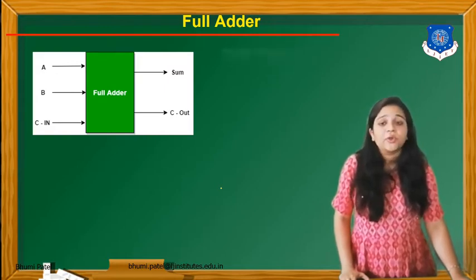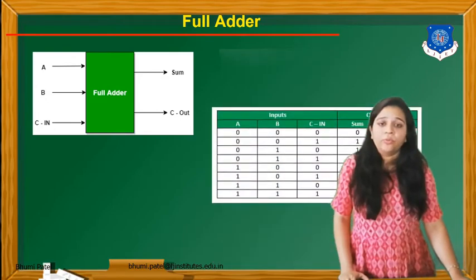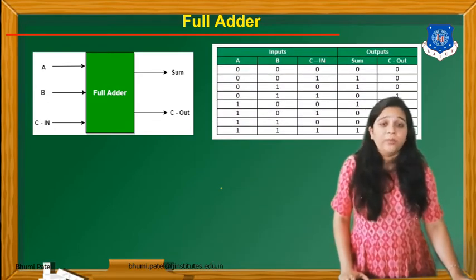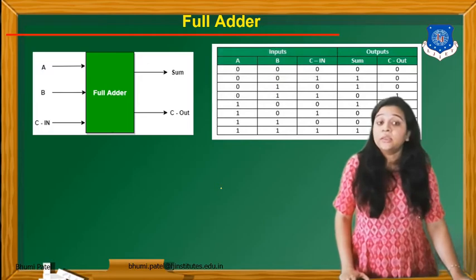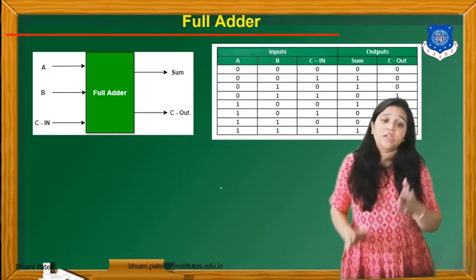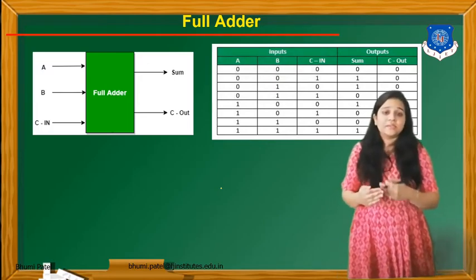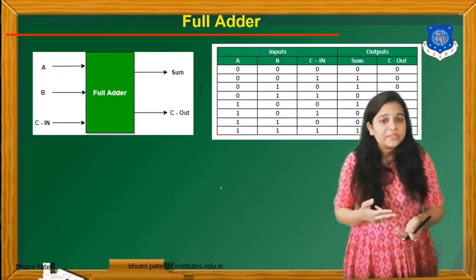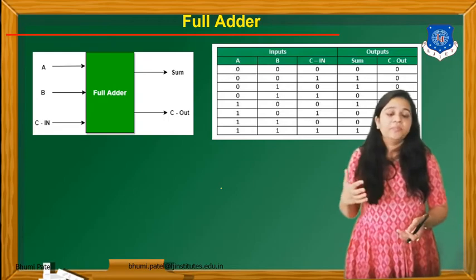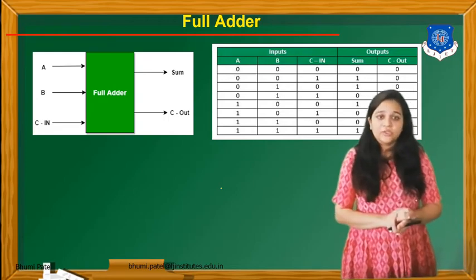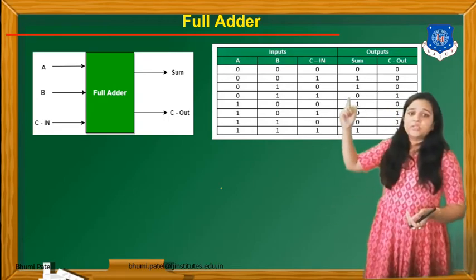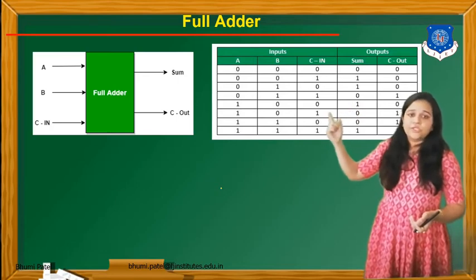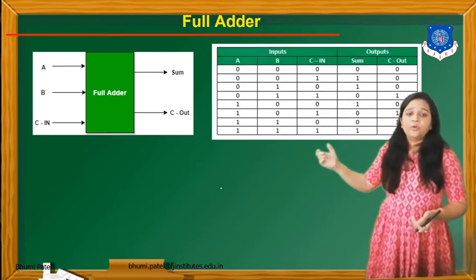Now what is the truth table using these three inputs? There are 8 combinations because we have three inputs. First, all three inputs are 0. Now the next condition is any one is high, then any two are high, and the last one is all 3 high. So here you can see 0, 0, 0, then 0, 0, 1, 0, 1, 0, 1, 0, 0, and up to 1, 1, 1.